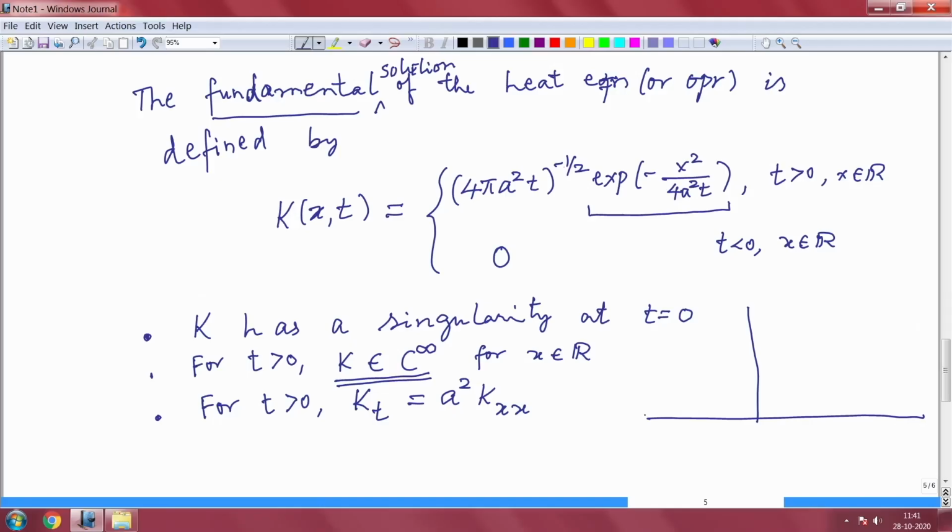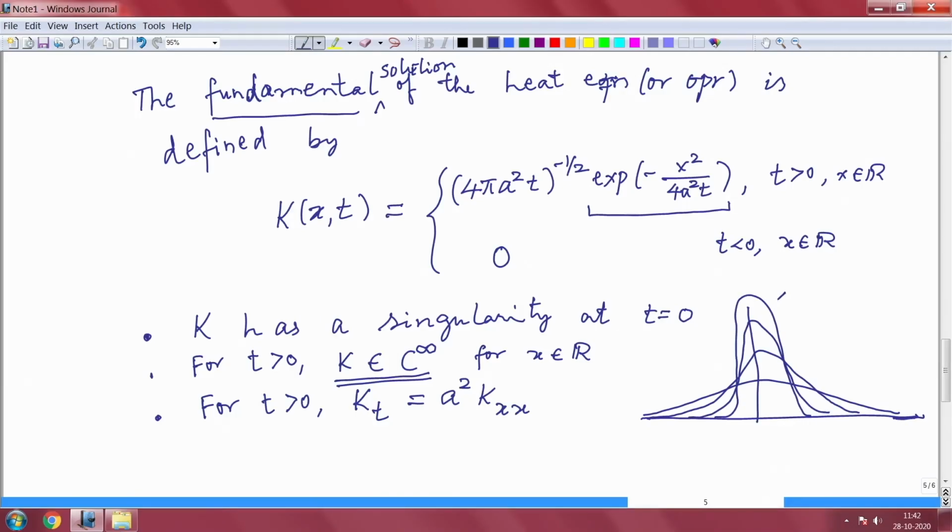As t becomes larger and larger, the curve spreads out.